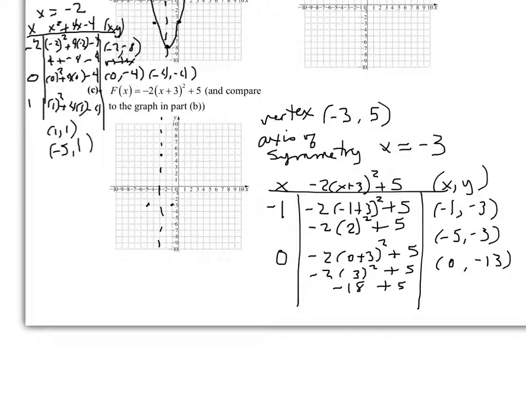My graph only goes down to -10. So what I can do is extend it just a little bit, and I'm going to have a bit of an estimation that takes place here. But that tells me if I had the point 0, -13 on my graph, I'm moving 3 units to get back to my axis of symmetry.